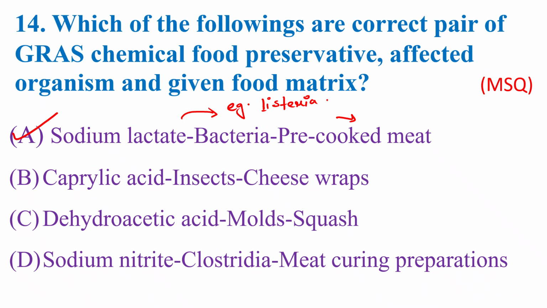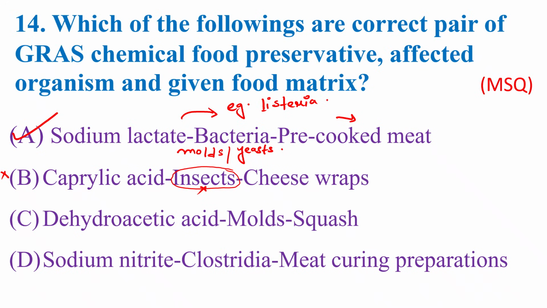Next, caprylic acid, insects, cheese. Caprylic acid basically targets molds or yeasts, not insects, and is used in cheese, not wraps. This is not correct. Dehydroacetic acid, molds, squash.